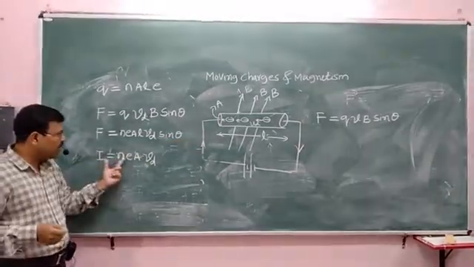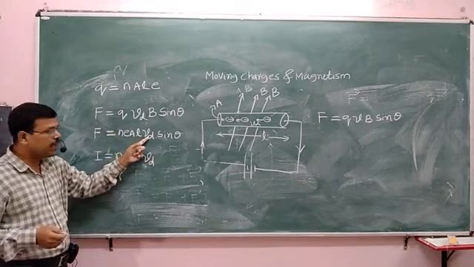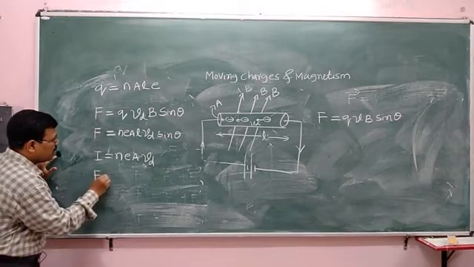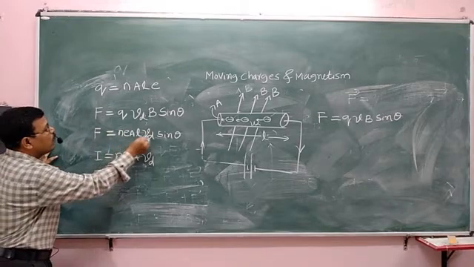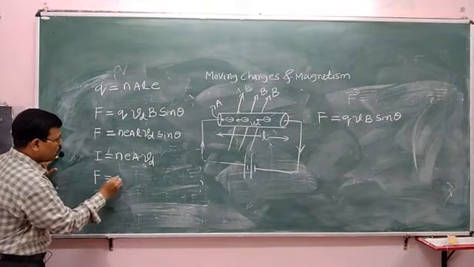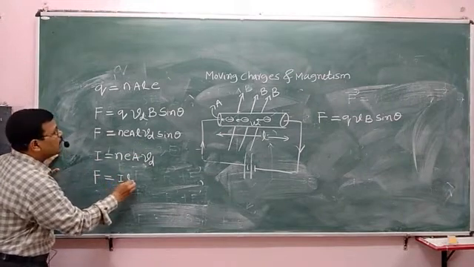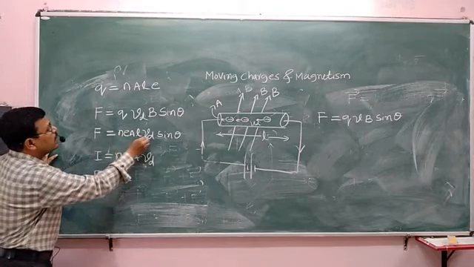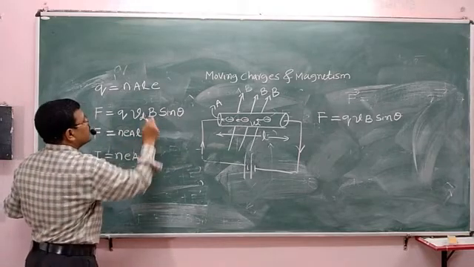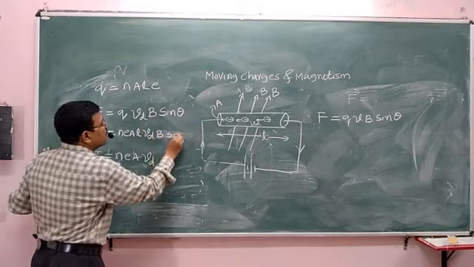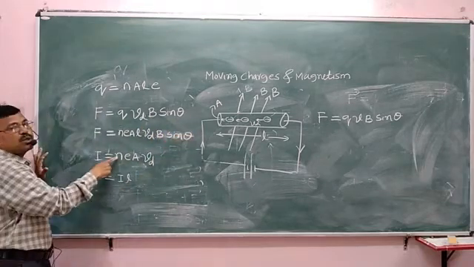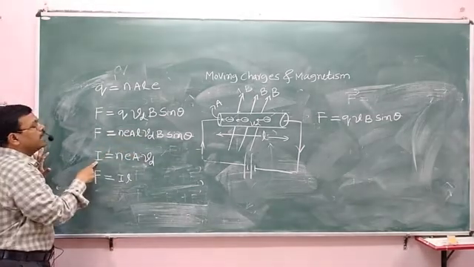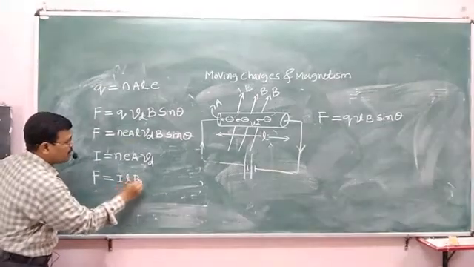So substitute NeAVd as I. Then this equation becomes F is equal to NeAVd, which is nothing but I, so we get IL. One more is left here, that is B sin theta. Putting NeAVd as I, we get ILB sin theta.